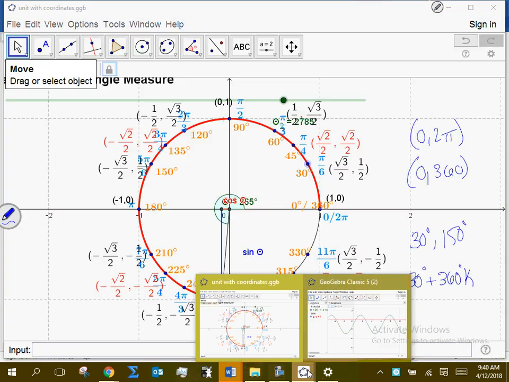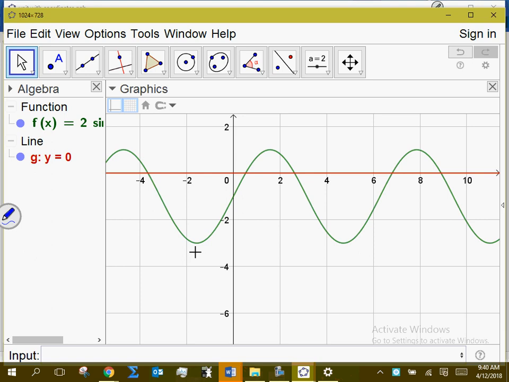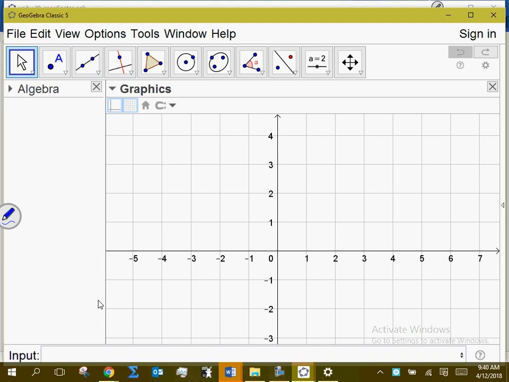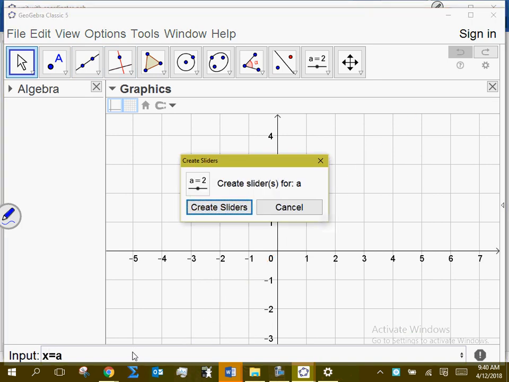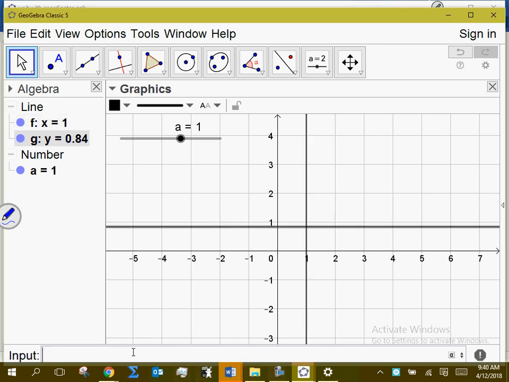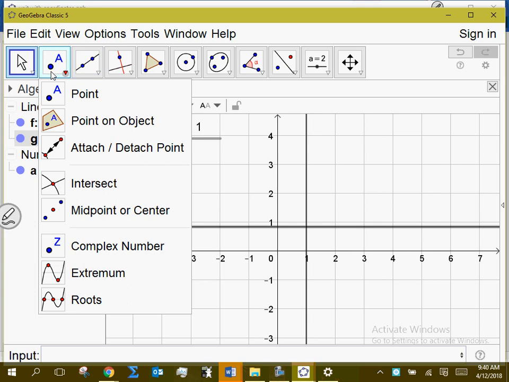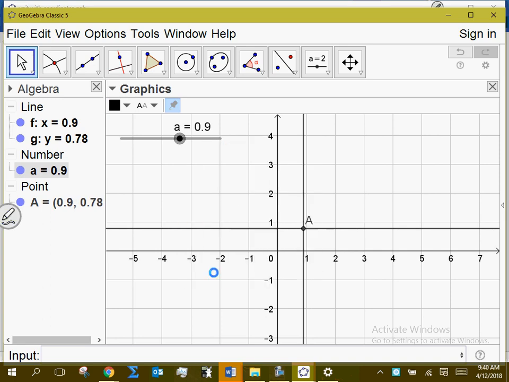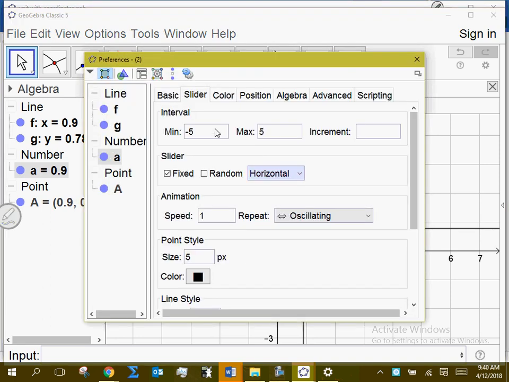Speaking of that graphically, I'm just going to do this real quick. Let's say x equals a. Create slider. I've got y equals sine of a. All right, what I just created, we actually call that a parametric equation.